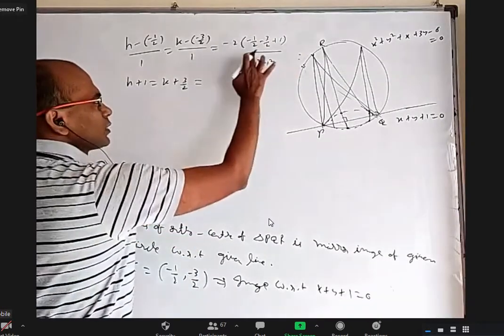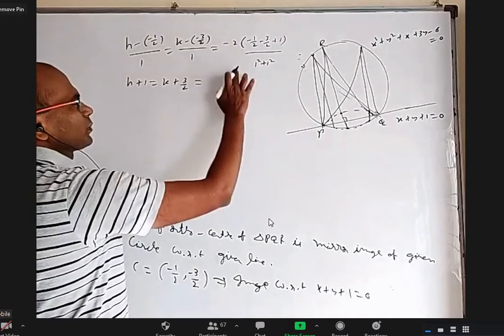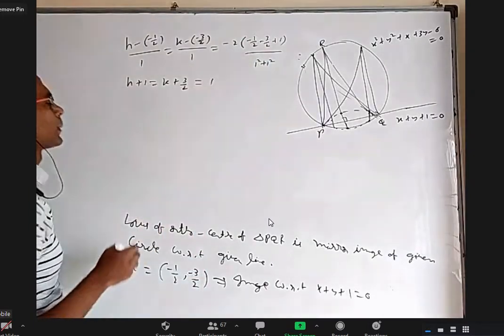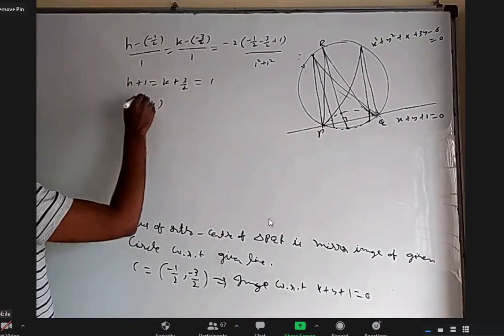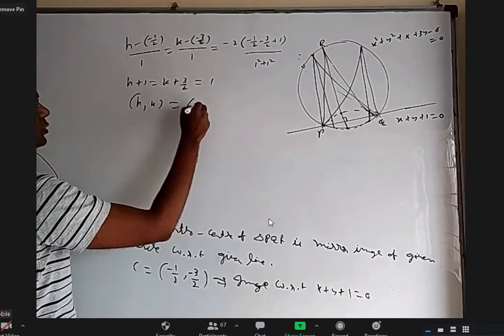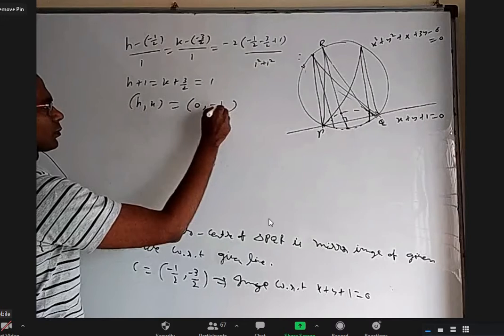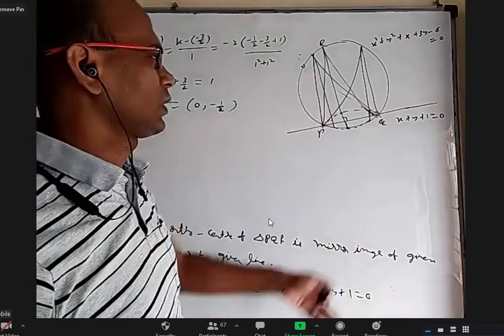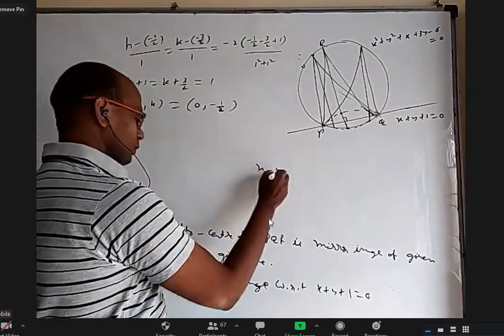There is no root now here. So 2 will cancel. This is minus 2 minus 1 plus 1. So h comma k is equal to 0 comma minus 1 by 2. So the image is that. In fact, the perpendicular line will be x minus y.